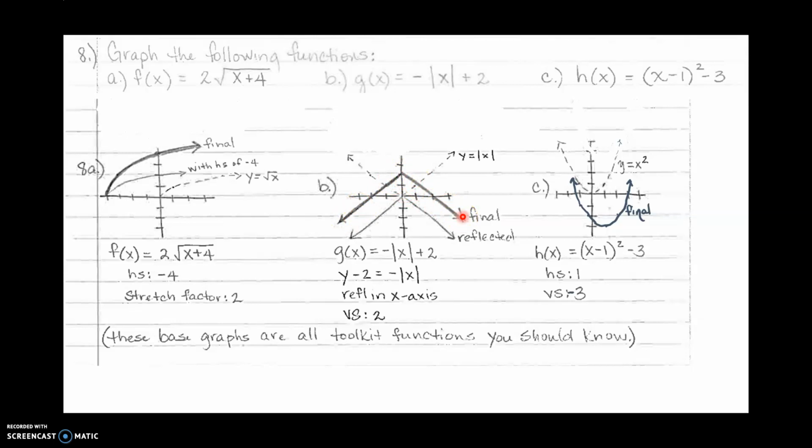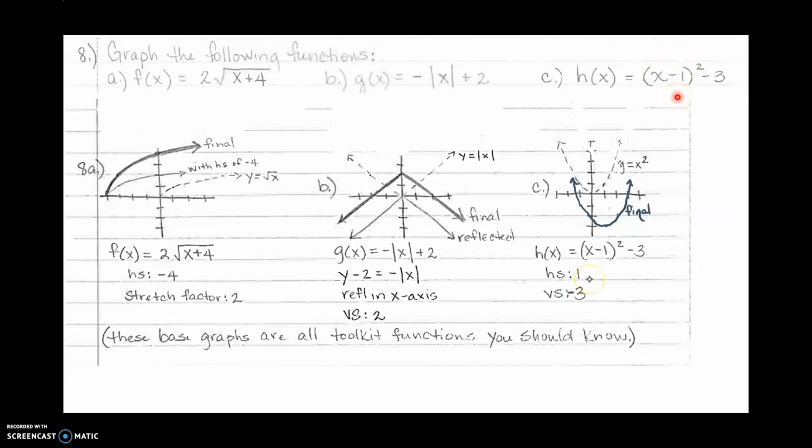All right, then for this next one, this 3 could be moved to the other side and grouped with the y. So that would be y plus 3. So the opposite of +3 is -3. That'd be a vertical shift of -3. And then this 1 is attached to the x. It can't be moved to the other side, so that's a horizontal shift. So what's being subtracted from x is 1, or the opposite of this is 1.